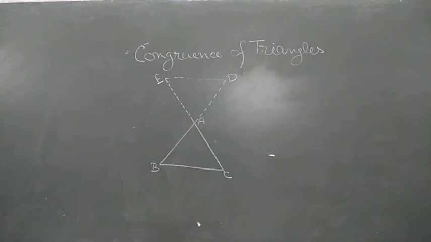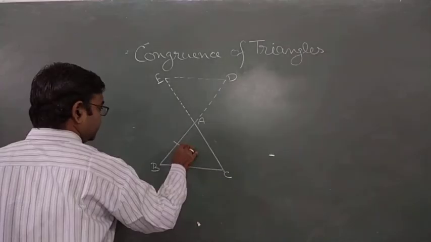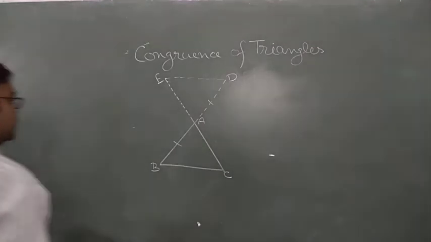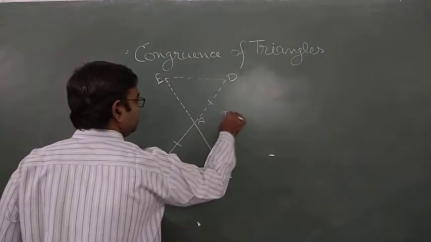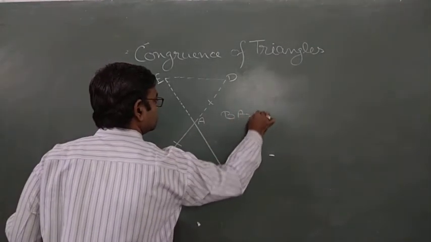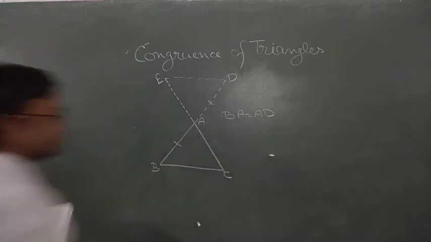Read the question. In the given figure, the sides BA and CA have been produced such that BA equals AD. Means this side equals this side. BA equals AD.